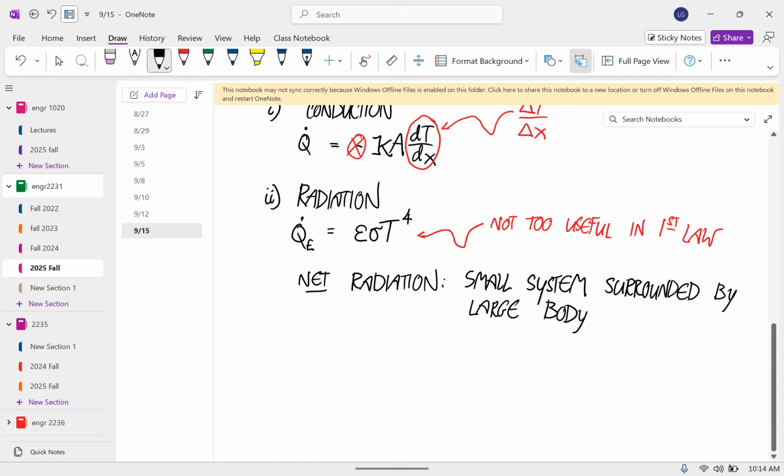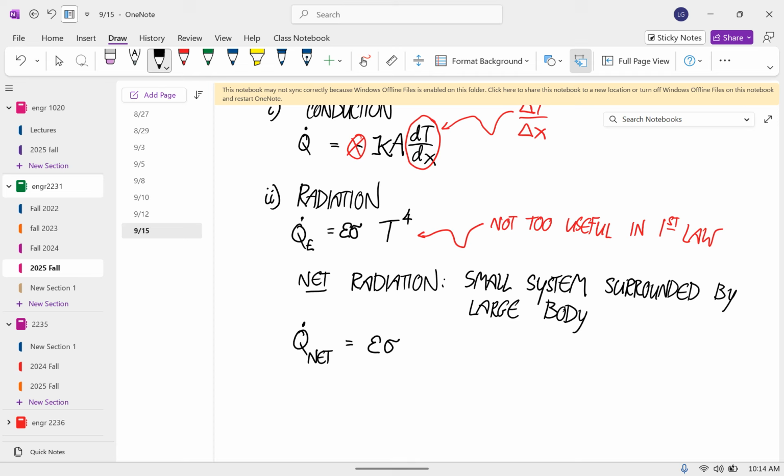And in that case, you can think of the net radiation, the net heat transfer, as equal to the emissivity times the Stefan-Boltzmann constant. I am missing an A in there. Sorry about that, making your notes look messy.